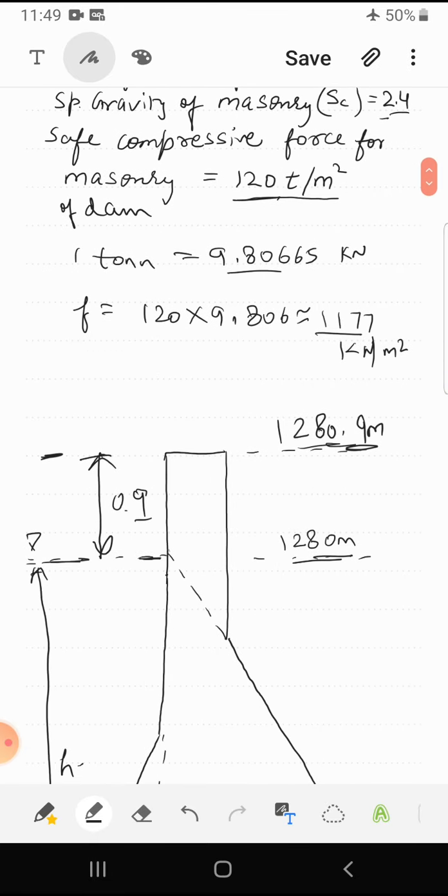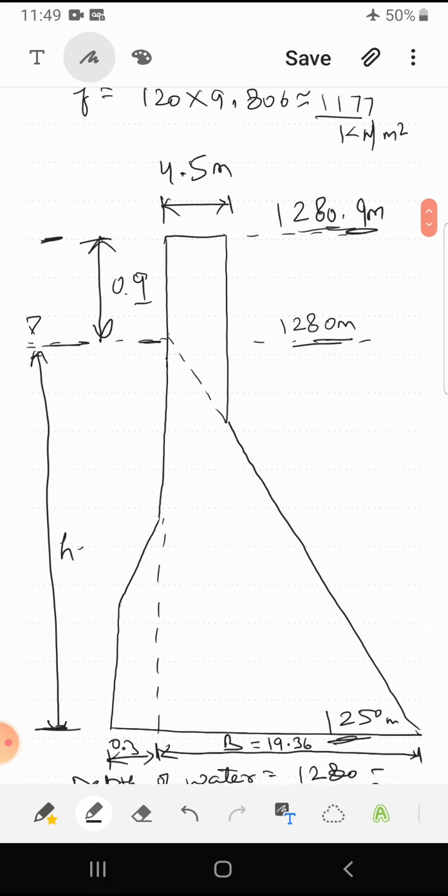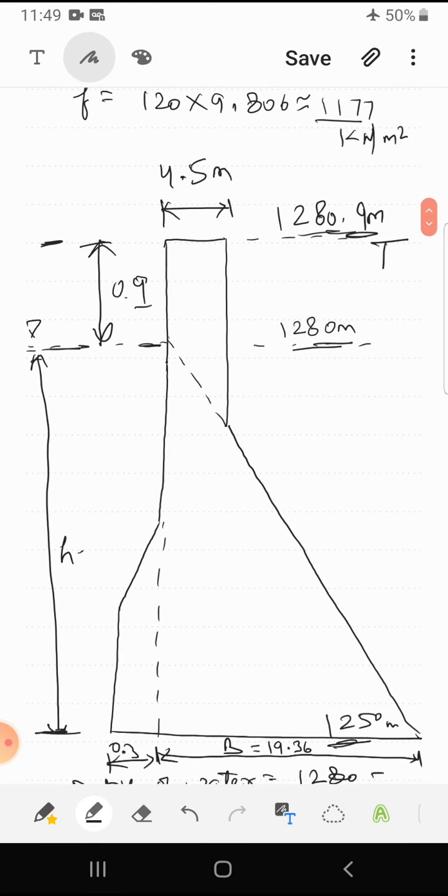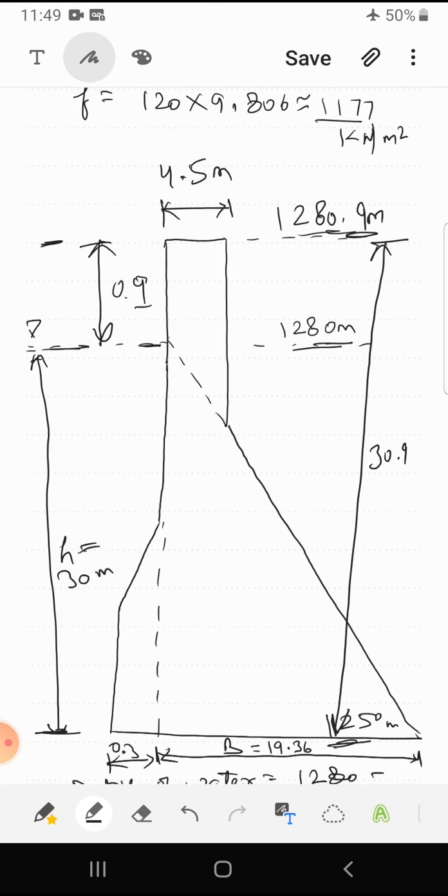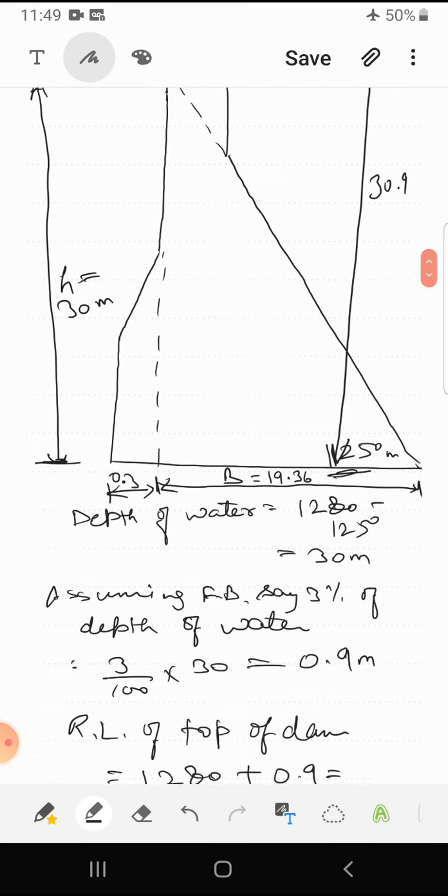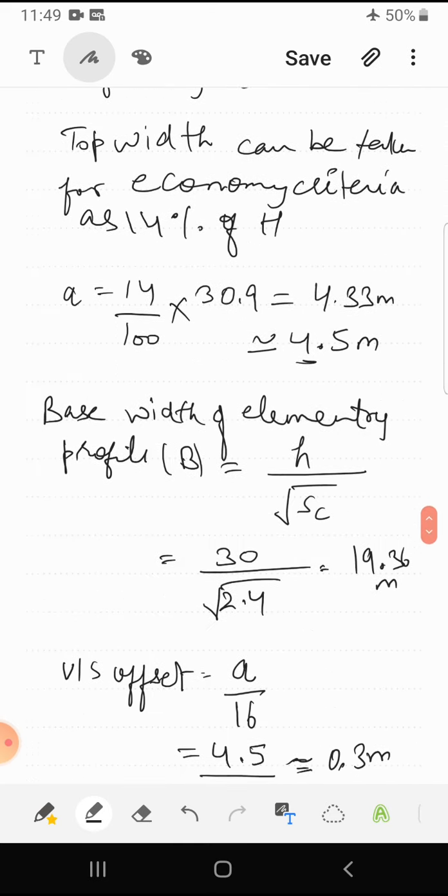And the top of dam, this width, top width is 4.5 meters and this total height of dam is 30.9 meters and this H is 30 meters. This we have calculated.